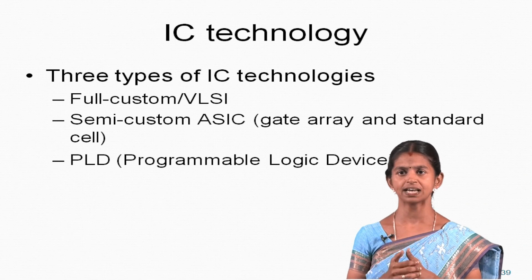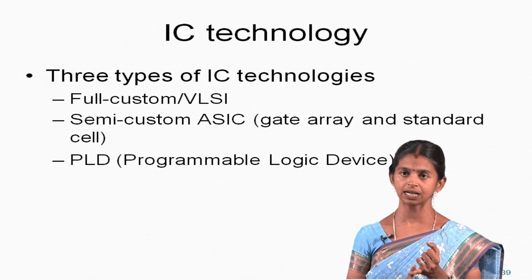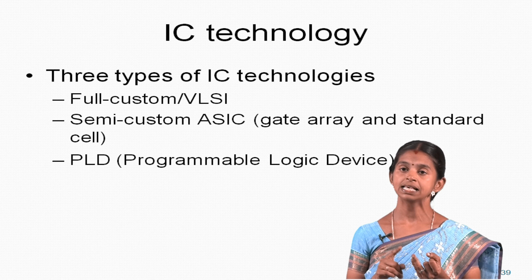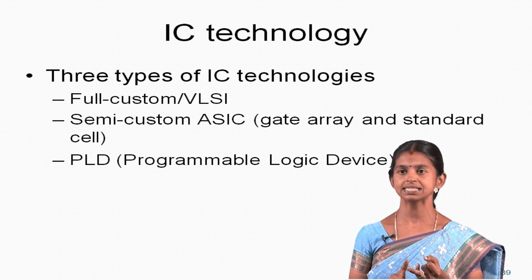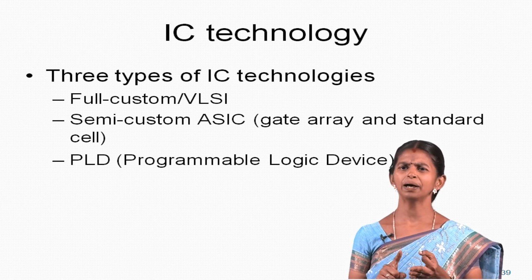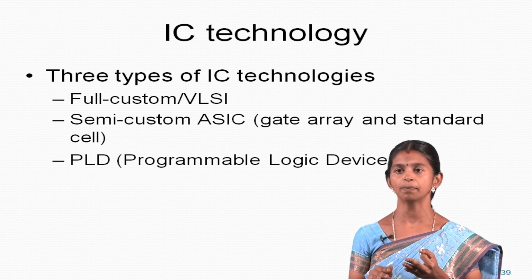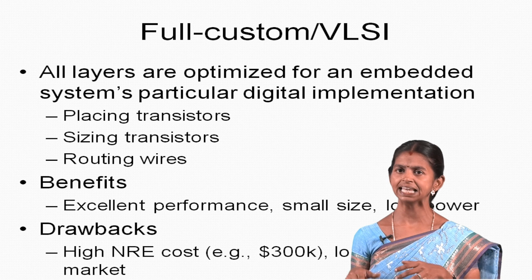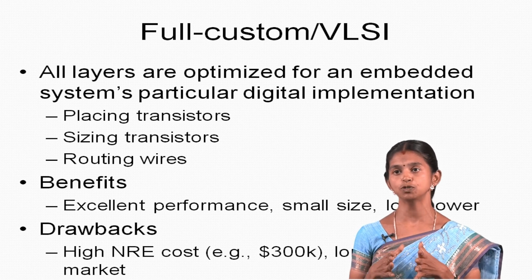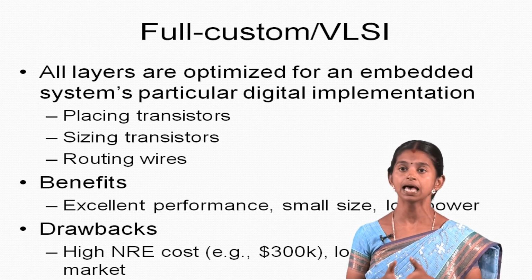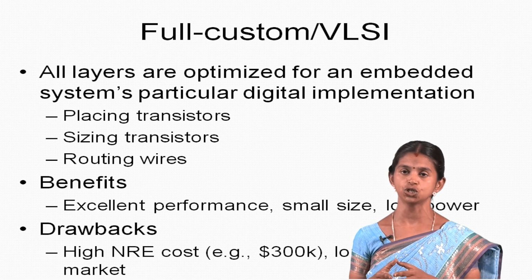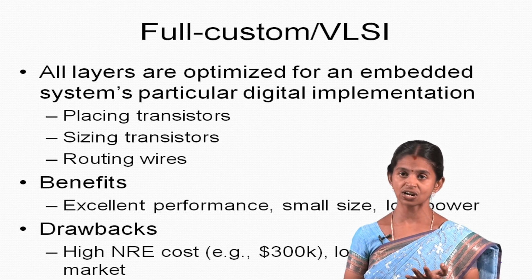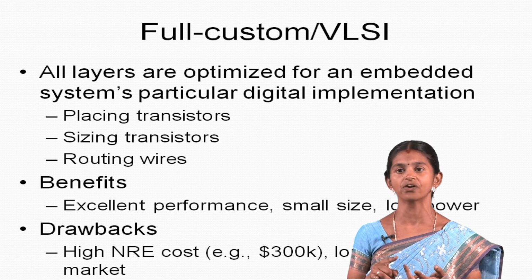There are three types of IC technology. Number one, full custom or VLSI, semi-custom or ASIC, and PLD, which can be defined as programmable logic device. Full custom or VLSI: all layers are optimized for an embedded system's particular digital implementation, that is placing transistors, sizing transistors, routing wires.